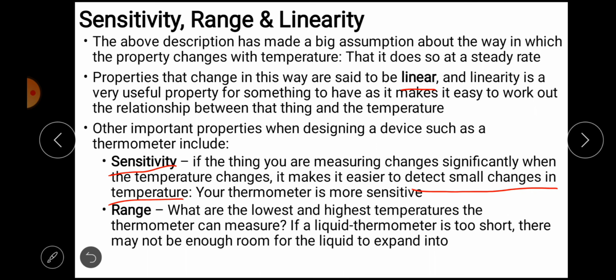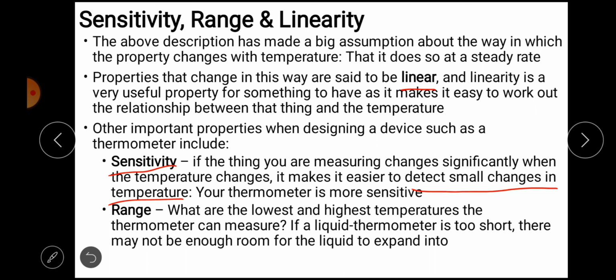If the change in the thermometric property is great for a small change in temperature, it means that the thermometer is sensitive.